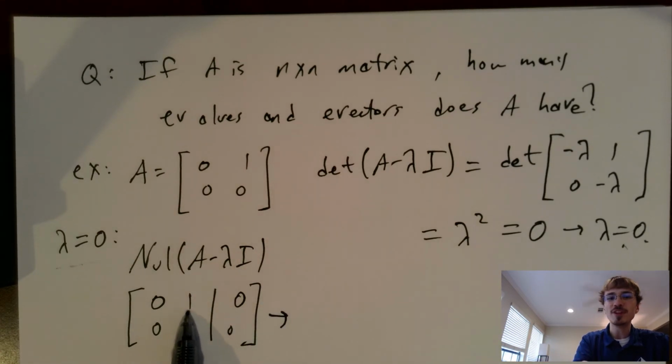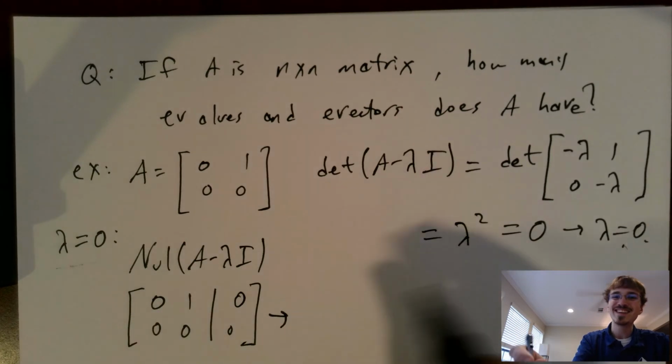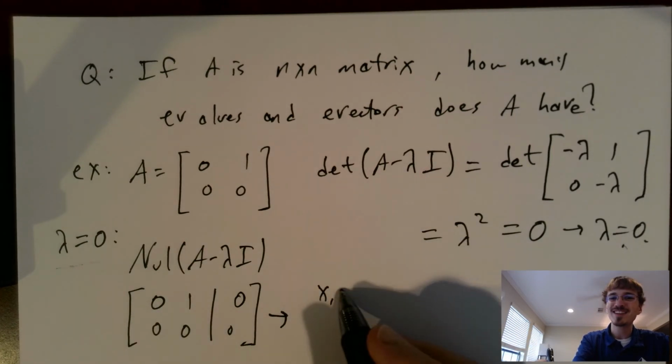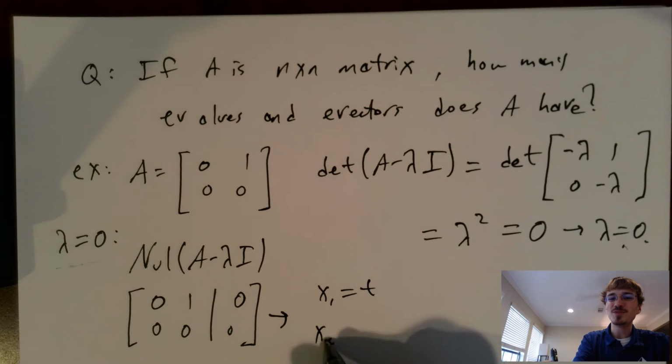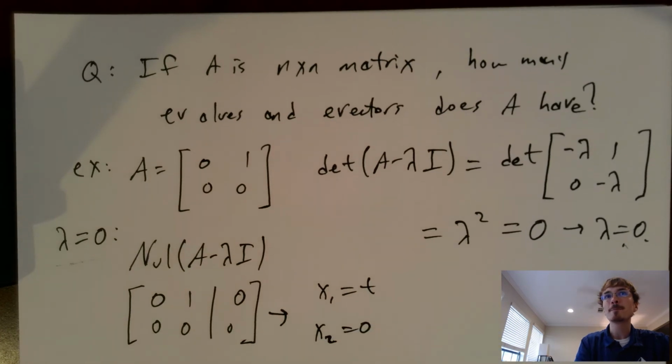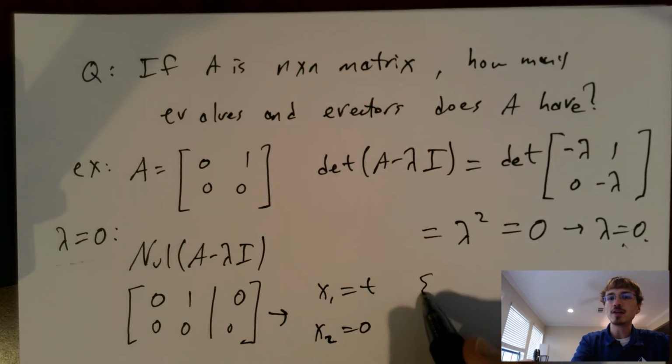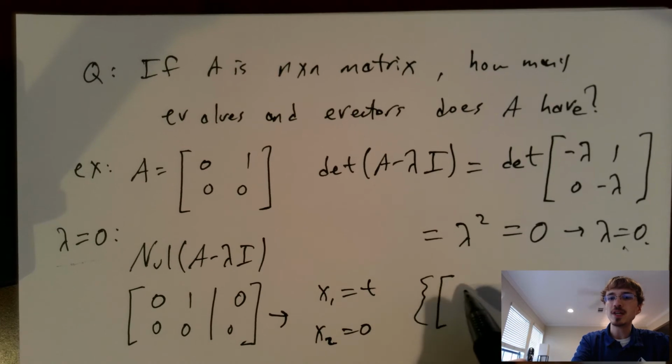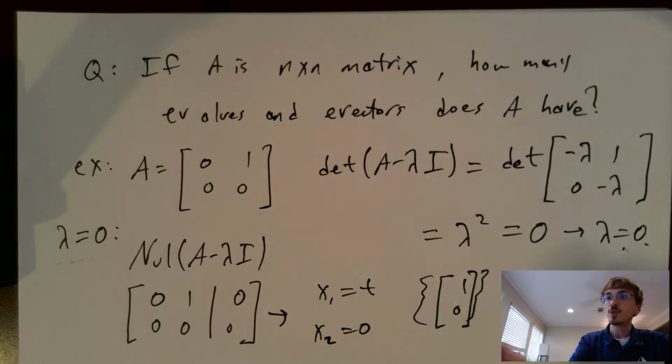What's my free variable here? It is x1, so x1 is free, and x2 has to be 0. So what's a basis for my eigenspace here? My basis is 1, 0. So in this example, I have only one eigenvalue, and I have only one eigenspace, and it's one-dimensional.